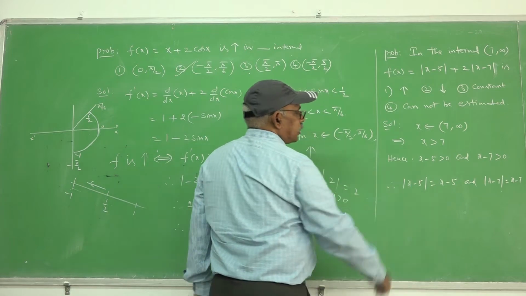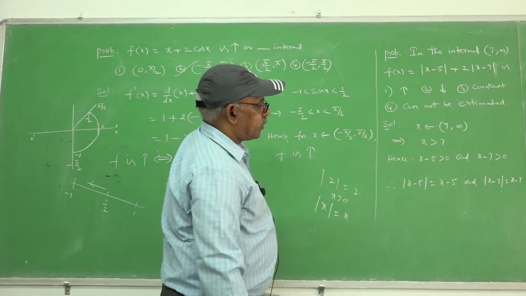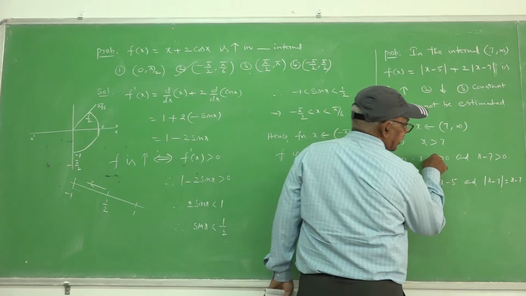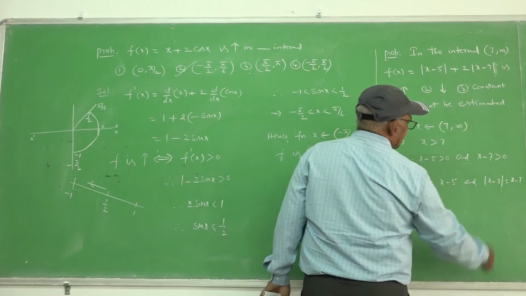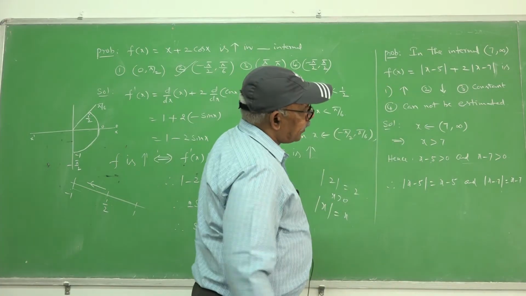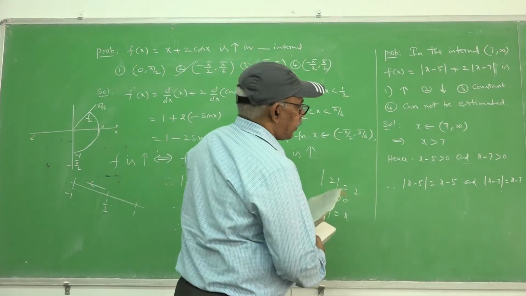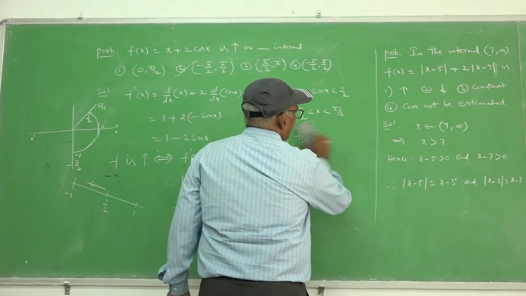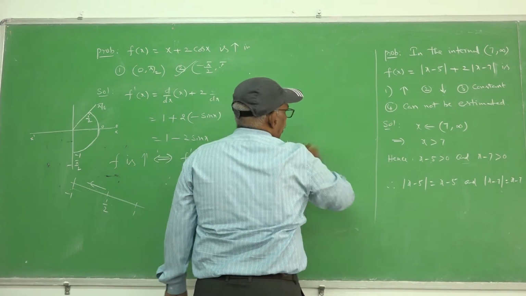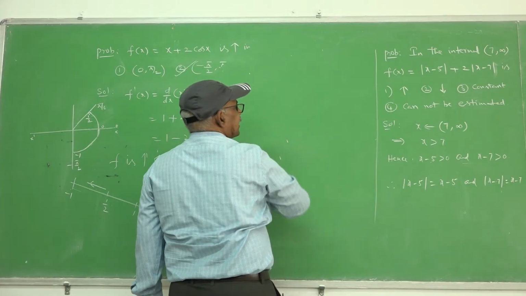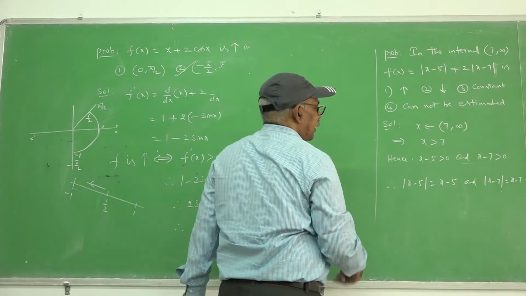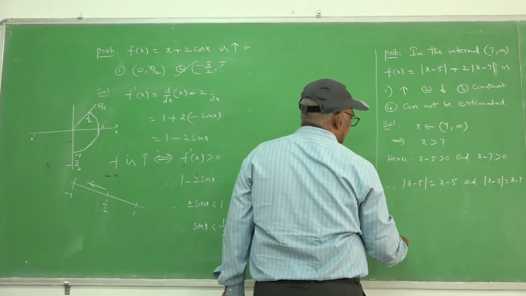Hence, modulus of x minus 5 is x minus 5, because x minus 5 is positive, and mod x minus 7 is x minus 7 itself, because x minus 7 is positive.